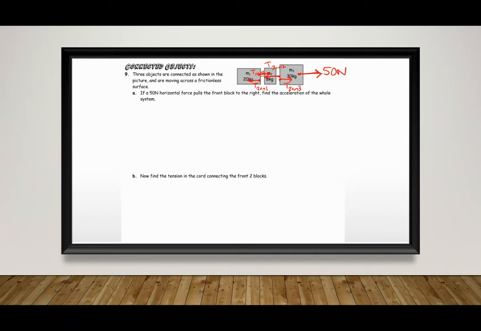Well, if we look at the sum of forces, I could do it on the diagram, but I'm going to do it down here. Force equals mass times acceleration.